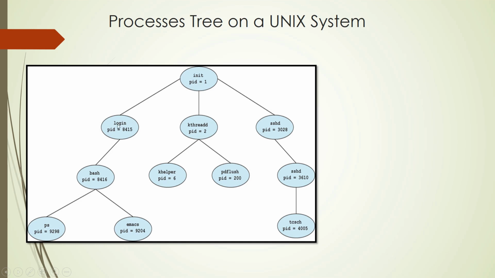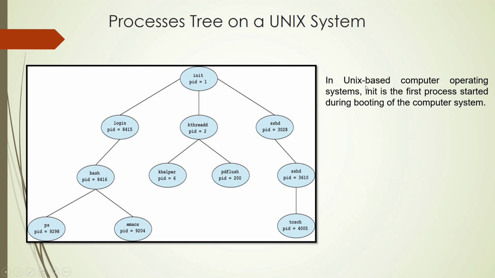Then there are login process, there is also scheduling process, there is again born again shell, Emacs, the editor, and there are several other processes that will be running, but that will be running after this init process. So init process is the first process that is started during booting of the computer system and it is running until the system is shut down.